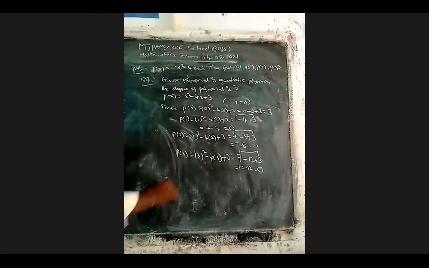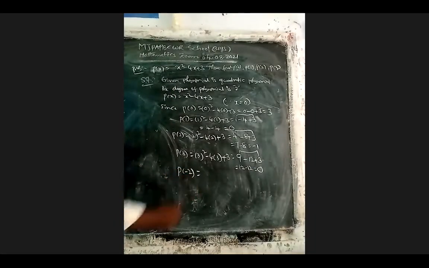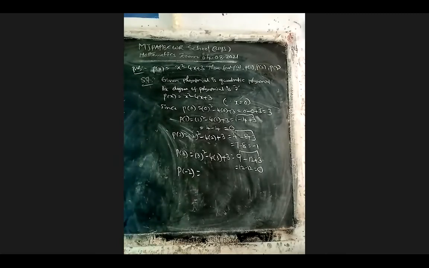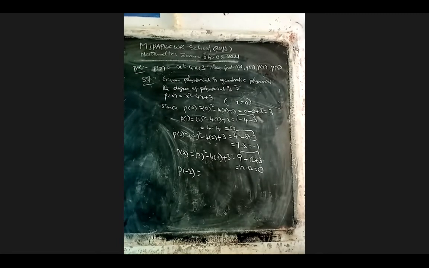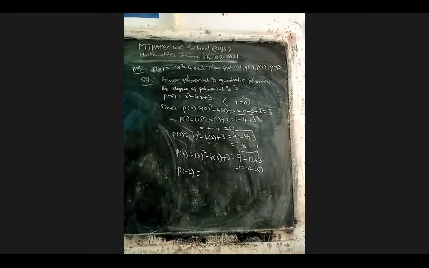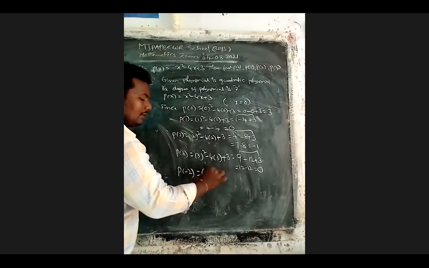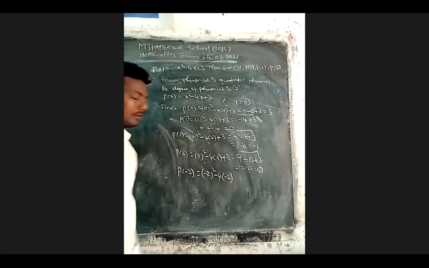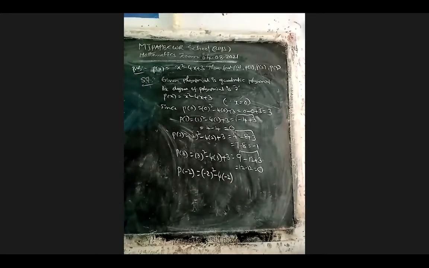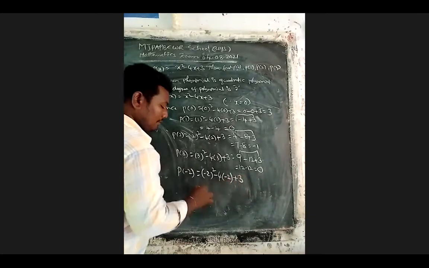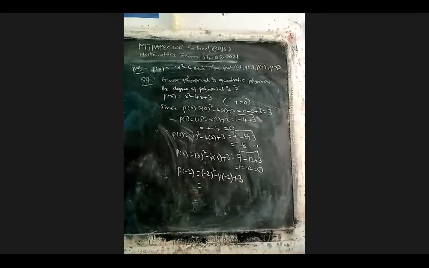Now we can find P of -2. P of -2, minus 2 whole square is 4.